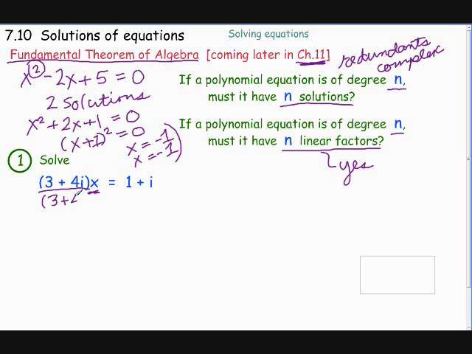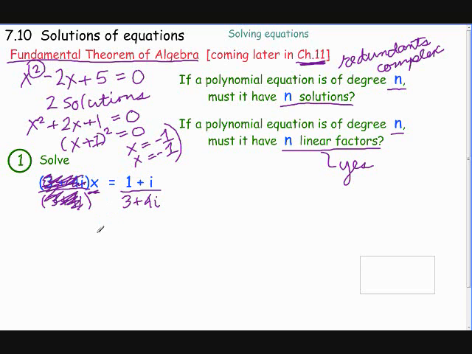Right now, x is being multiplied by this binomial. This is actually a complex number. So if it's being multiplied by it, we're going to do the opposite operation, divide by. We'll do that to both sides. And this over this is the same as 1.